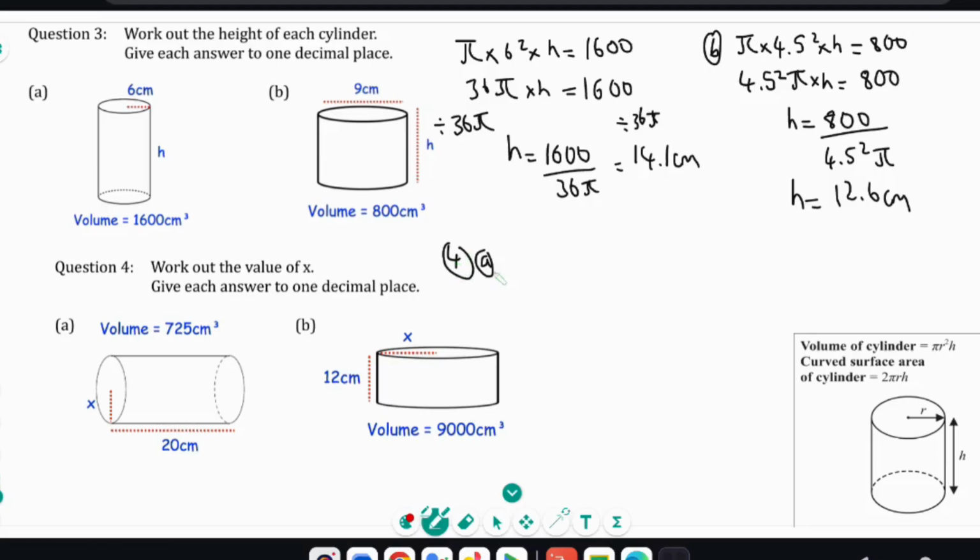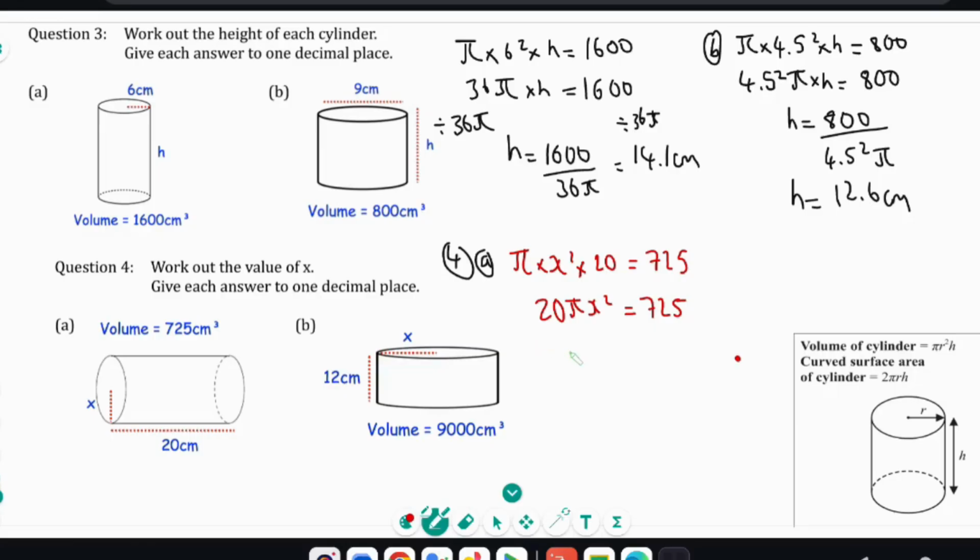4a. So we have pi times x squared times 20 equals 725. So we have 20 pi x squared is equal to 725.